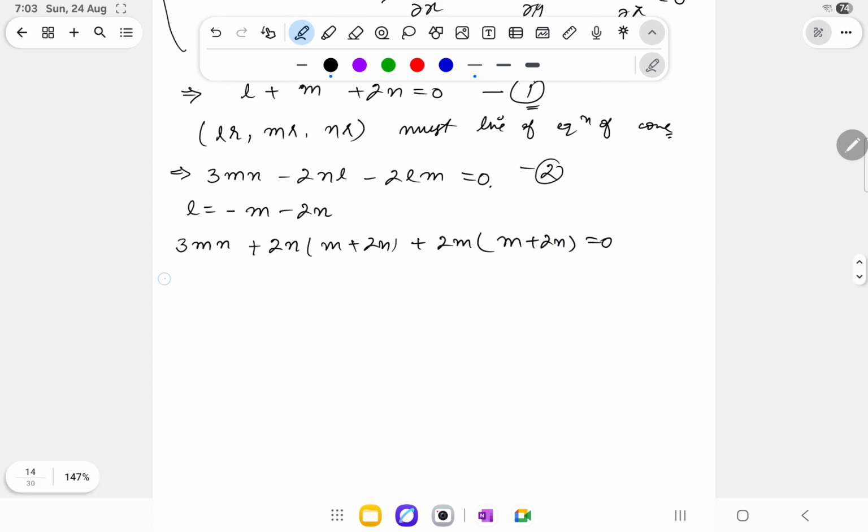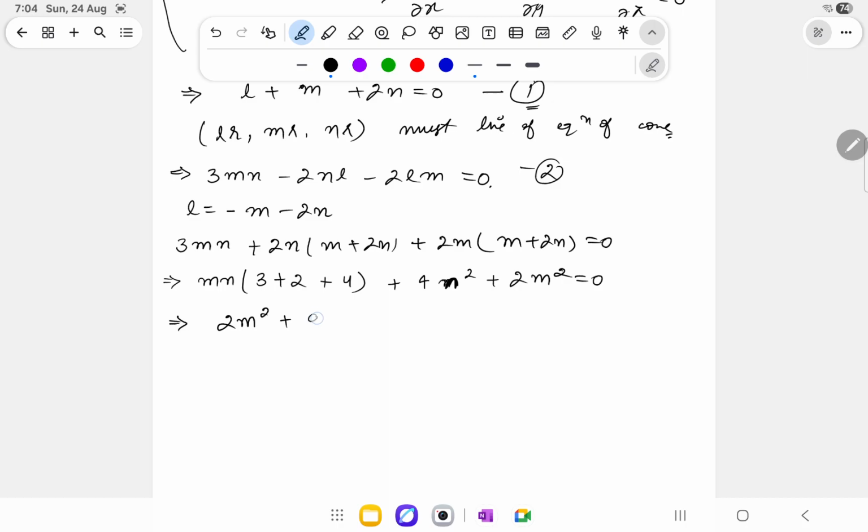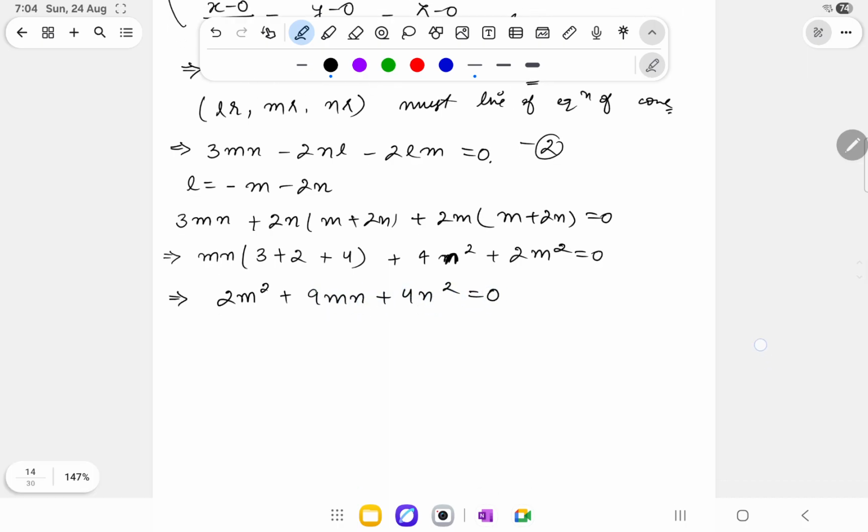So if I just club the coefficients, I'll get mn into (3 plus 2 plus 4), plus 4n square plus 2m square equals to 0. So I can further simplify it as 2m square plus 9mn plus 4n square equals to 0.